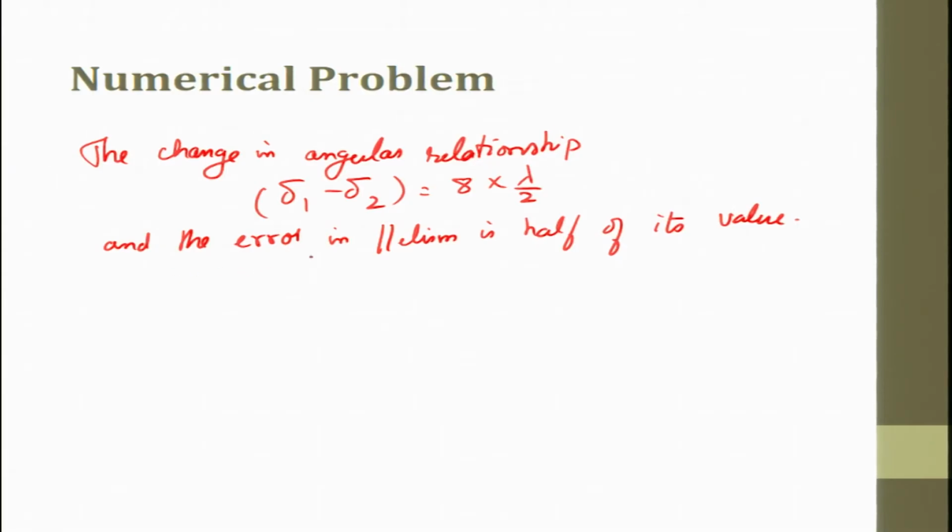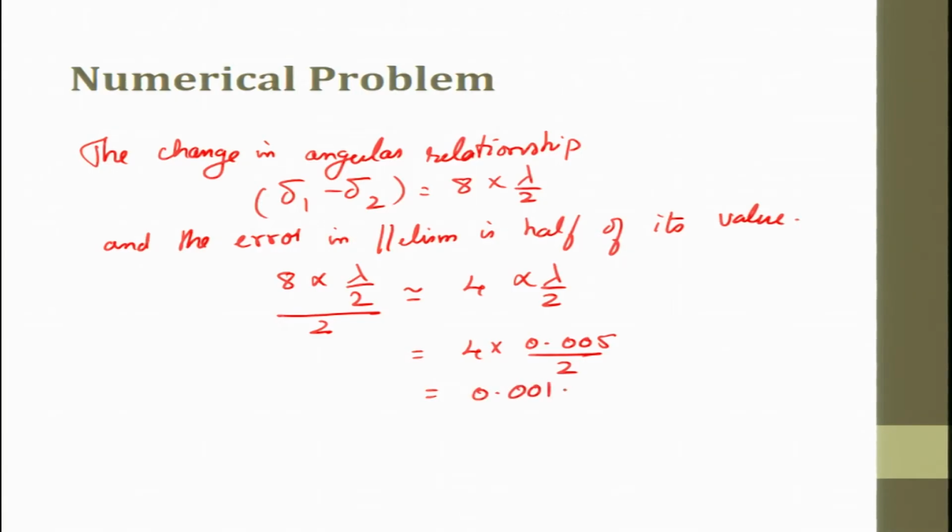So, this will be equal to 8 into lambda by 2, divided by 2, which becomes 4 into lambda by 2. So, what is lambda? Lambda is 0.5 microns, that is 0.0005 millimeter, so 4 into 0.0005 divided by 2 is nothing but 0.001 millimeter. This will be the error.